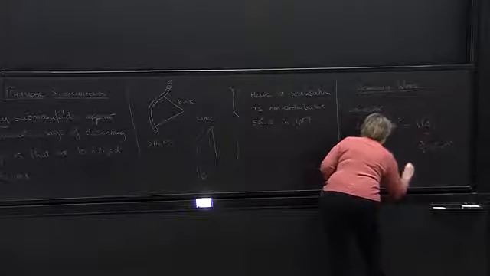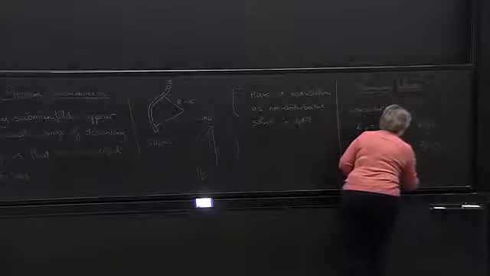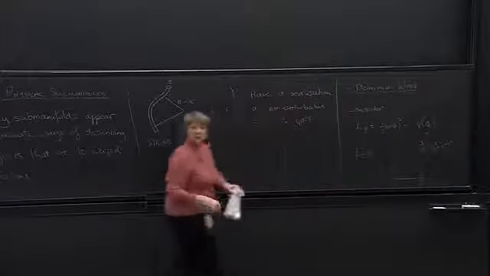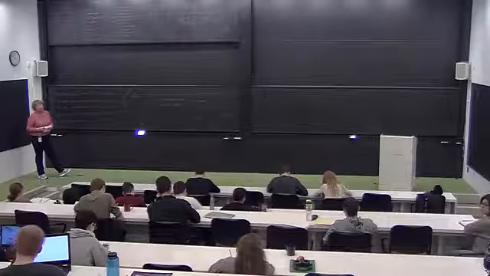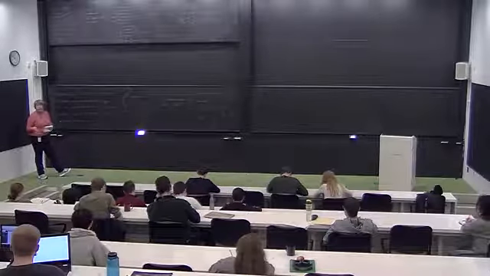I'm going to do a very simple example because I want to keep it analytic for the backboard. I'm going to look at a real scalar field and a potential that has symmetry breaking.